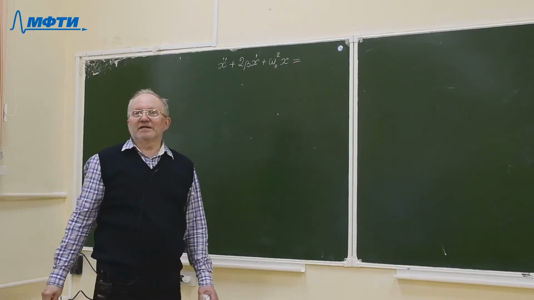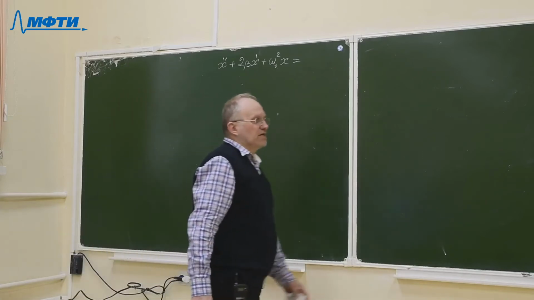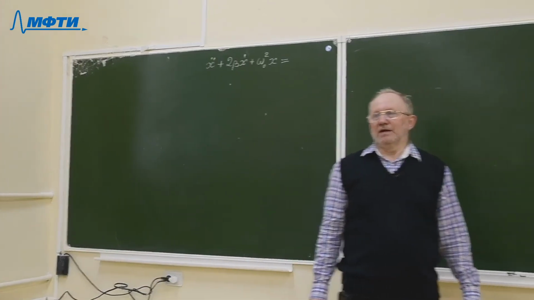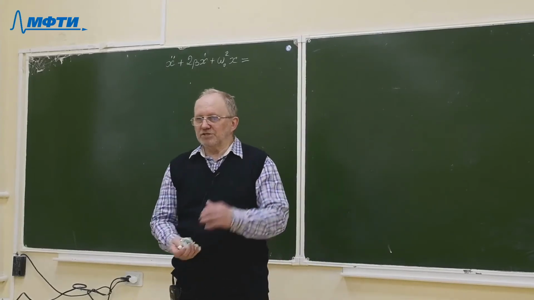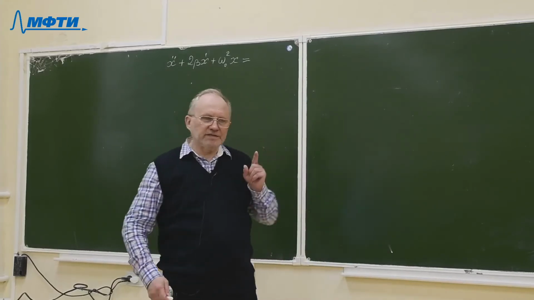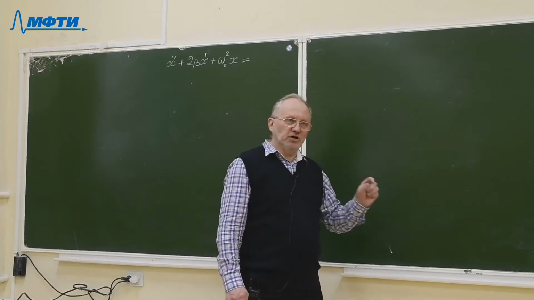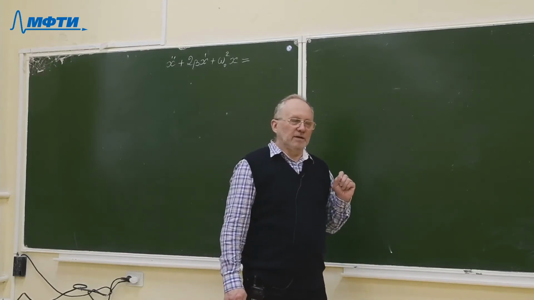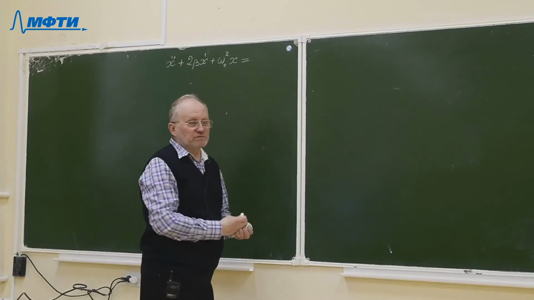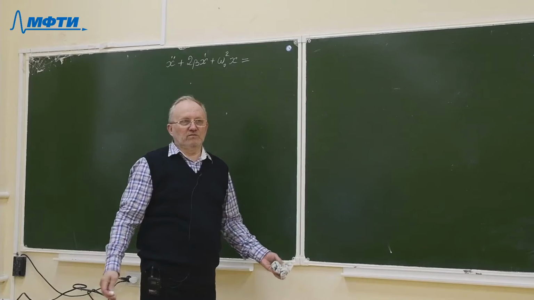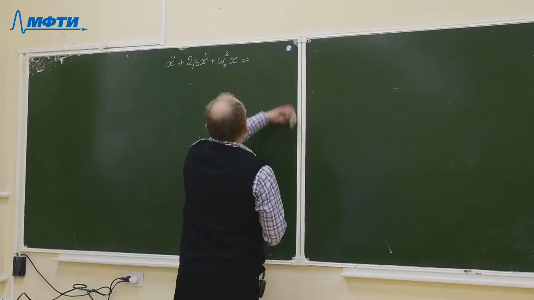Now we add another external force, and we will consider a harmonic force, which is acting on the oscillating system not constantly but periodically, harmonically. Harmonic force is proportional to cosine omega t, for example.